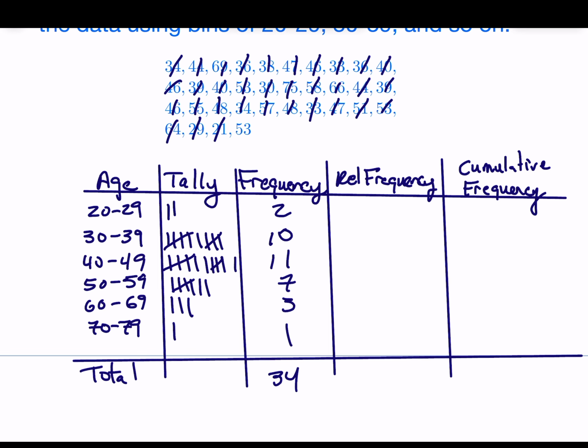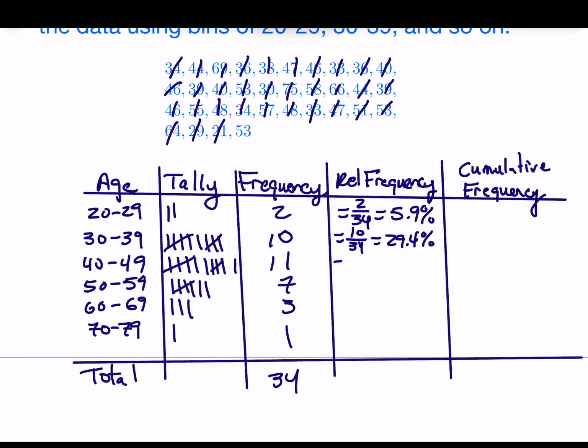So in relative frequency, we get 2 over 34, which is 5.9%. 10 out of 34, which is 29.4%. For 40 to 49, we have 11 over 34, which is equal to 32.4%.